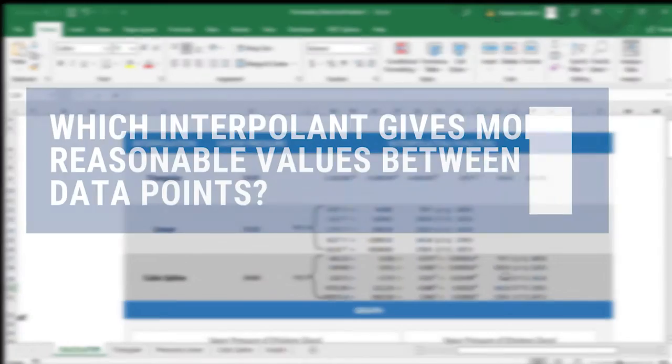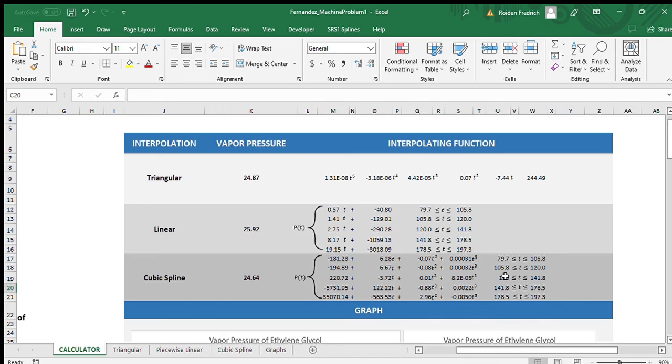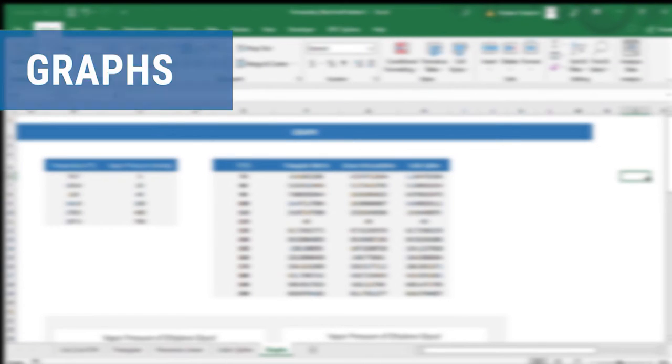But the question now is, which interpolant gives more reasonable values between data points and why? Again, using Microsoft Excel, we'll graph the interpolating functions.